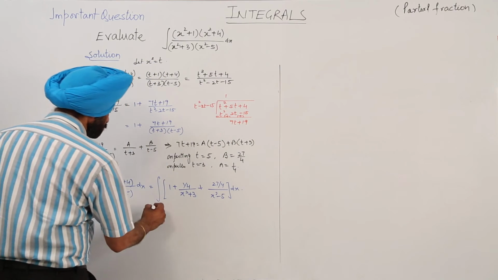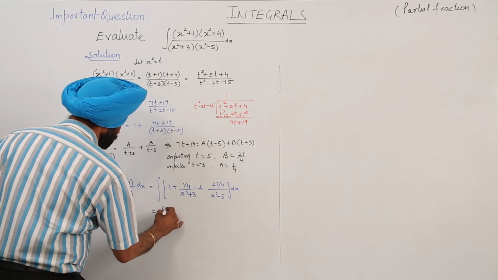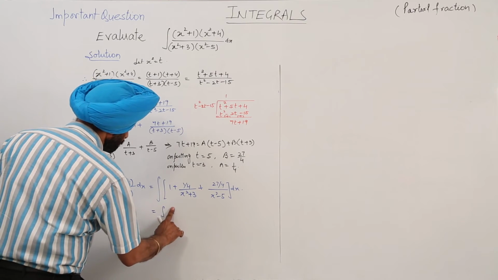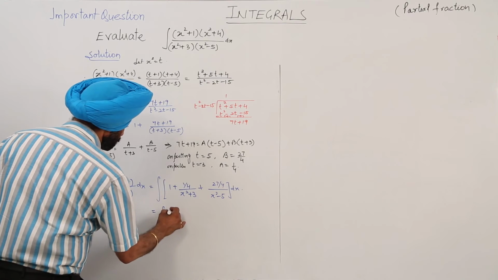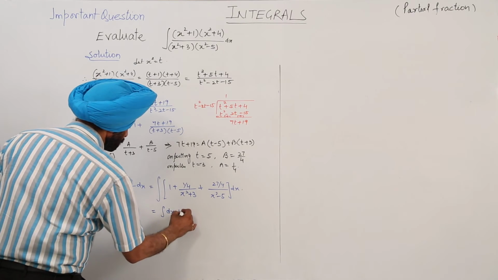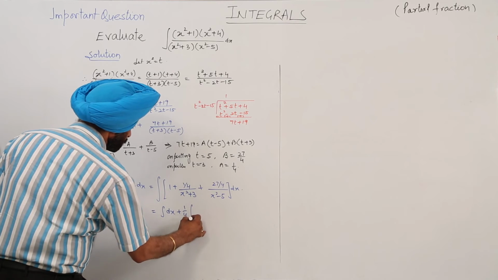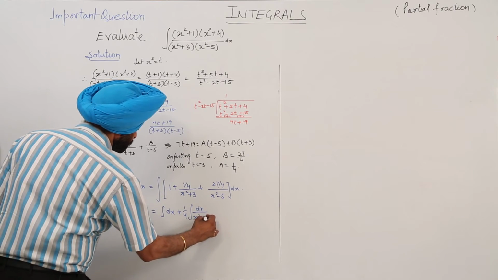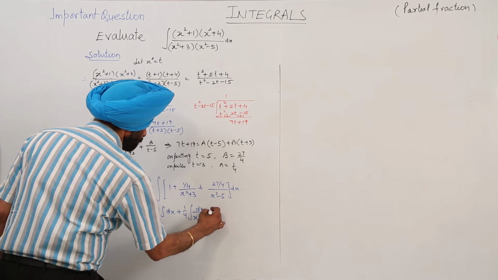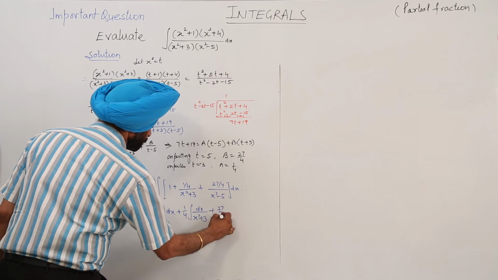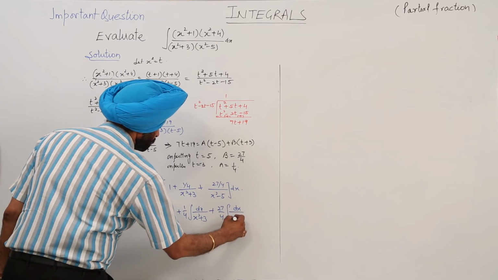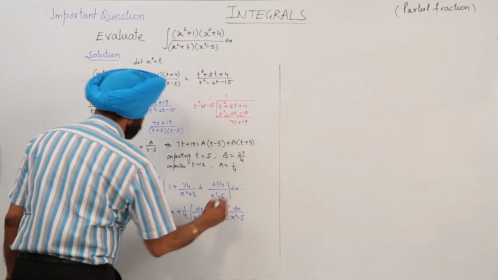So this can be written as integration of dx plus 1 by 4 integration of dx upon x square plus 3 plus 27 by 4 integration of dx upon x square minus 5.